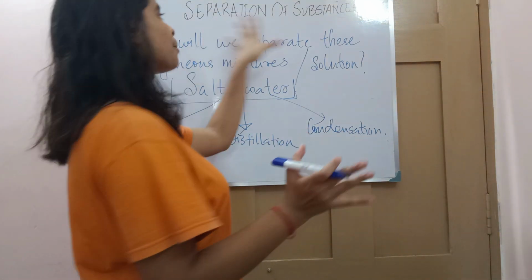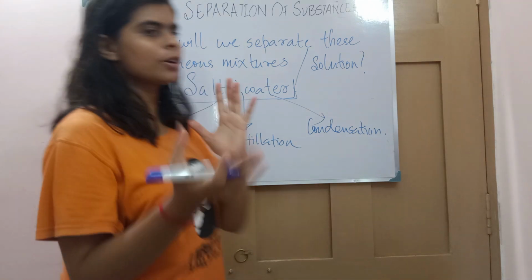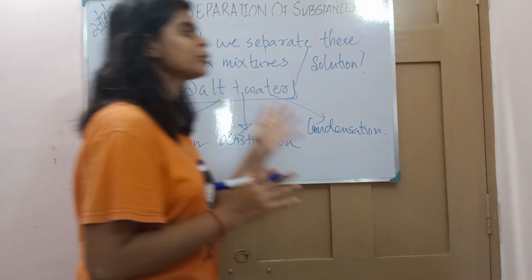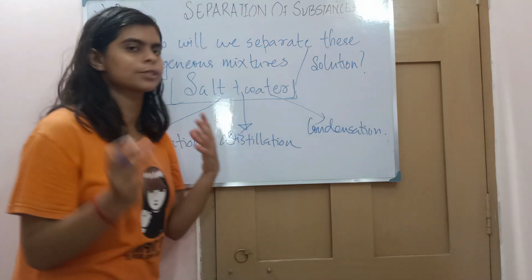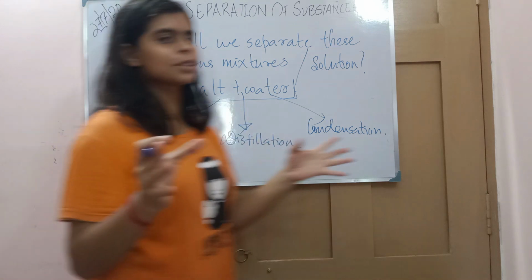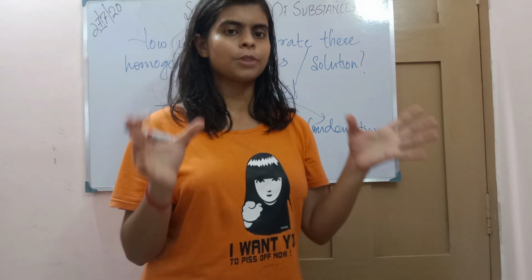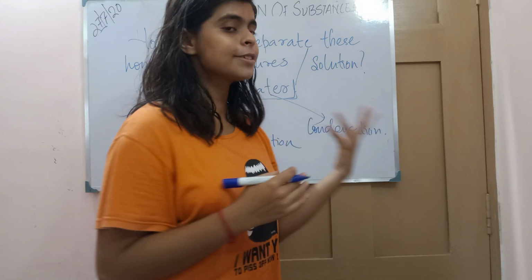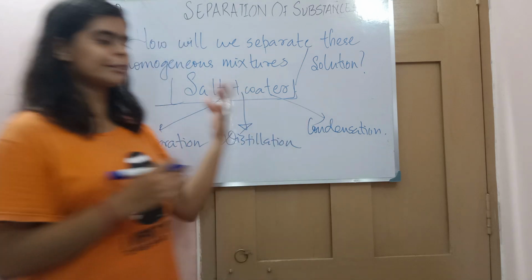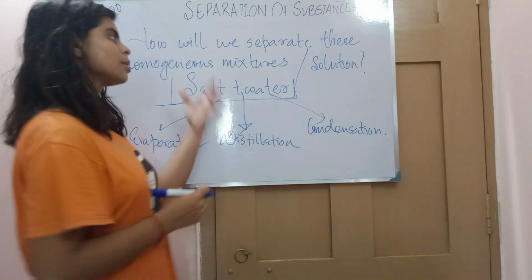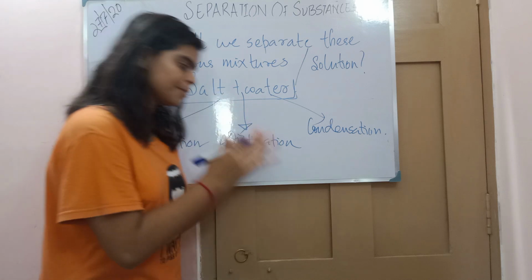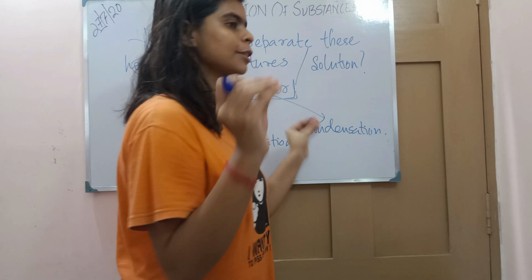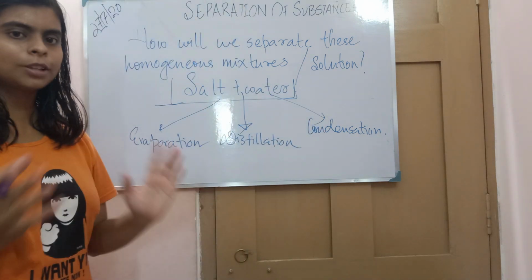Since we are talking about the separation of substances, that is impure substances, now we have to learn how to separate them. Whether a solution, a homogeneous mixture or a heterogeneous mixture, they are all impure substances. And impure substances need to be separated to get pure substances or to remove harmful substances from them. So how will we separate them? Both homogeneous and heterogeneous mixtures have different methods of separating the components.